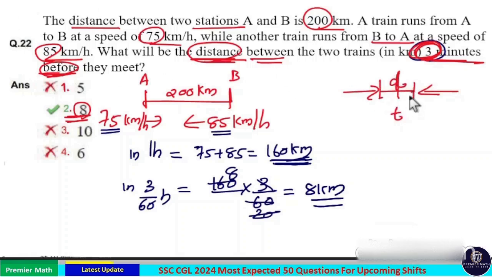Consider 3 minutes before they are at a distance D. Now if you find how much distance D they will cover in 3 minutes, that is your answer.